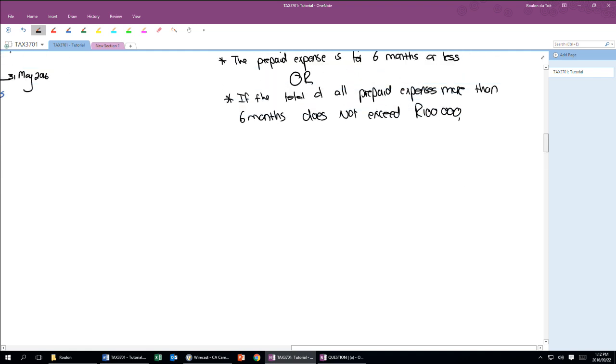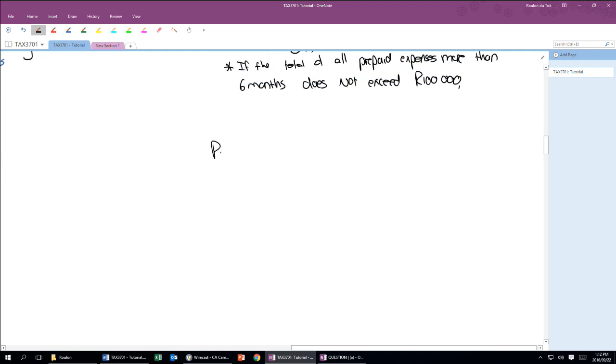Right, so for example, let's say we have a couple of prepaid expenses: number 1, number 2, number 3, number 4, and number 5. I'm going to just put down random amounts here, just for an example. Current year, prepaid amount, and prepaid months.